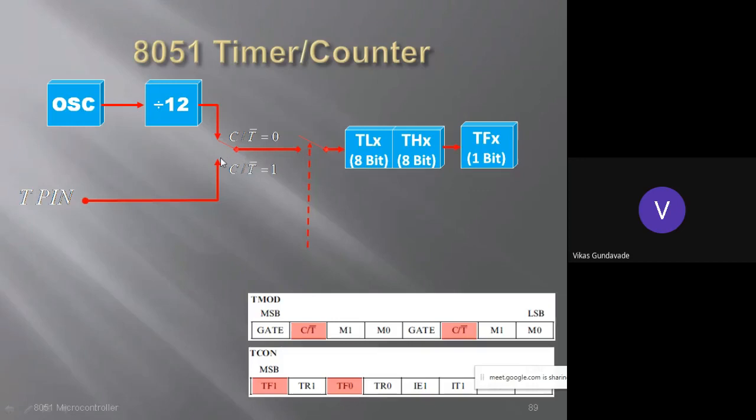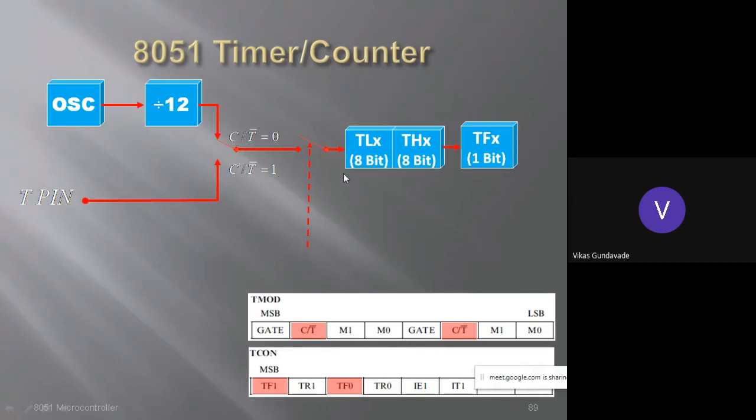So when we are using the external oscillator frequency, it is used for a counter, and for the timer we are using the internal oscillator frequency. For the microcontroller, the internal oscillator frequency is 11.0592, or simply we can say 12 megahertz. Whatever the count is, that count will get provided into the THx and TLx registers.